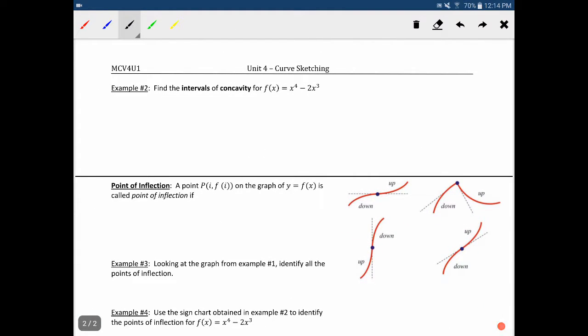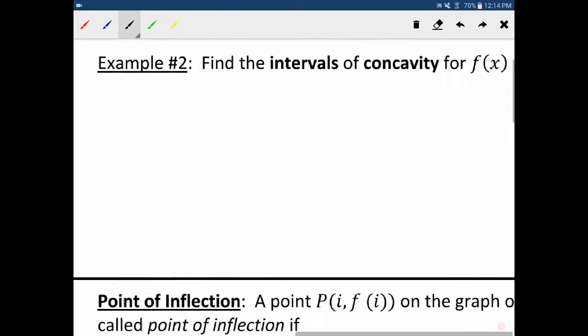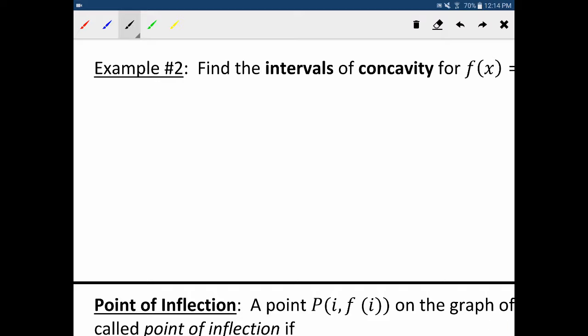We're going to find the intervals of concavity for this function here. The first thing we're going to do is find the second derivative. Before you can find the second derivative, you have to find the derivative. So f prime of x is 4x cubed minus 6x squared.